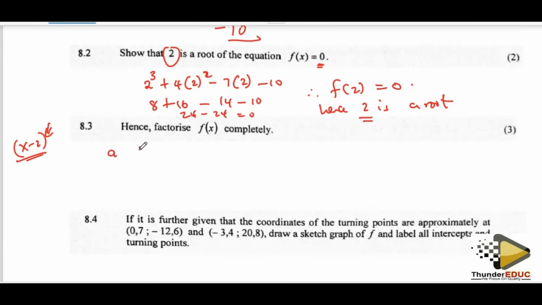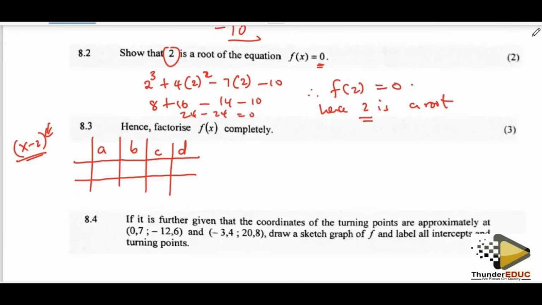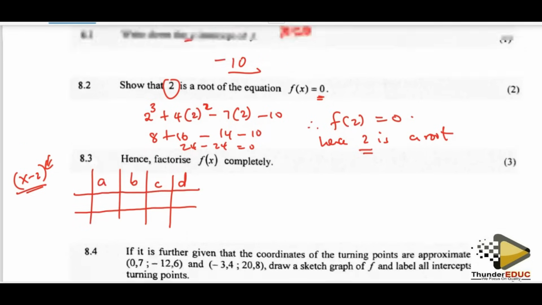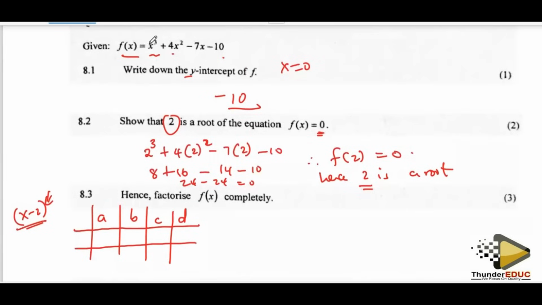Let me see, this is A, B, C, and D. I prefer the synthetic because the chances of me going wrong are very, very slim. I'm saying A, B, C, and D represent the coefficients of my function. So with my A, they told me it's a 1.